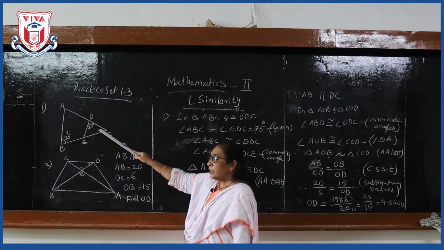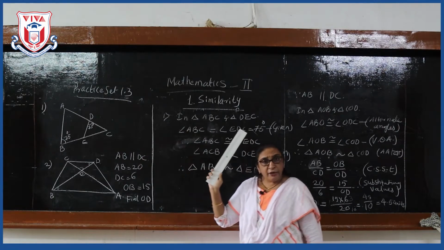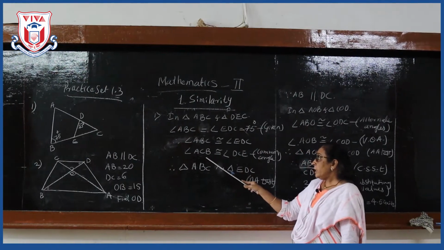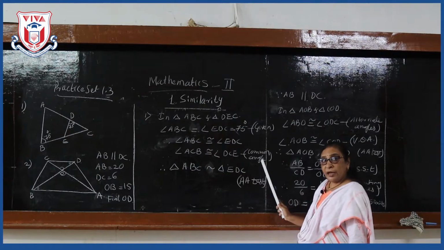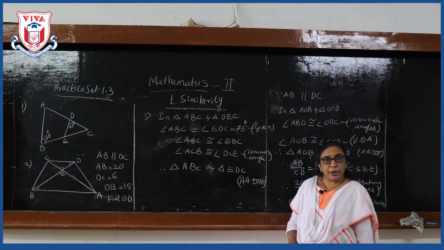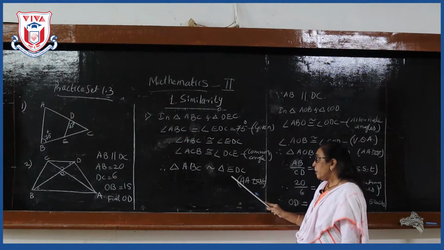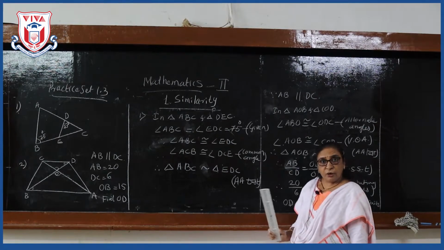If you see angle C, it is the common angle for both the triangles, and therefore angle ACB is congruent to angle DCE, and the reason is common angle. And when two angles are congruent, triangles are similar to each other by angle-angle test of similarity.